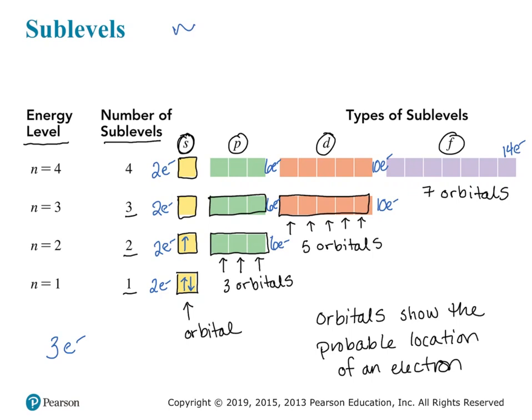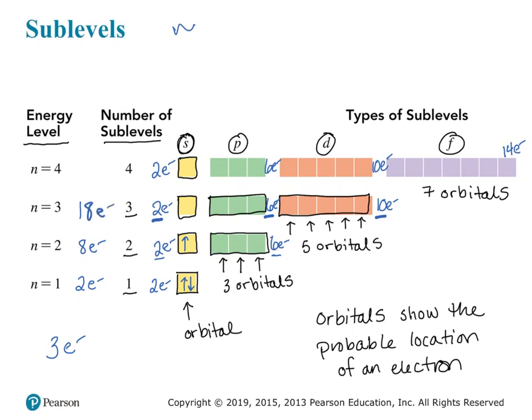So we can actually start counting up how many electrons exist maximum in each energy level. So energy level 1 can only hold 2 electrons maximum. Energy level 2 can hold 2 plus 6, so that's 8 maximum electrons. Energy level 3, we have 2 plus 6 plus 10, so that's 18.